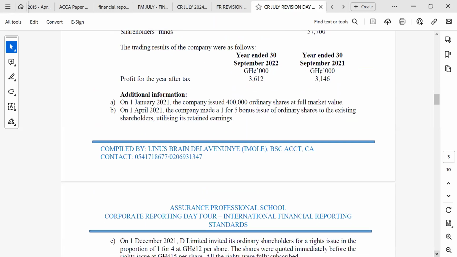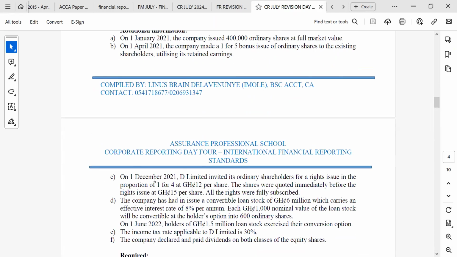Let's come to 31 December. This will be in 2022 year, because the 2022 year will start from 1st October 2021 to 30th September 2022. Bonus issue. This right issue is related to that.